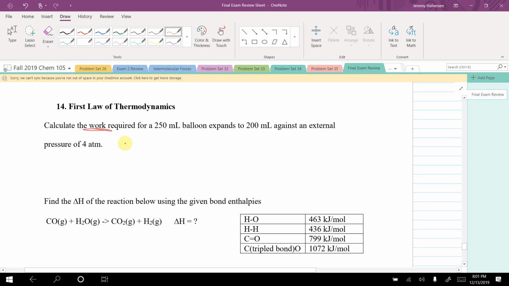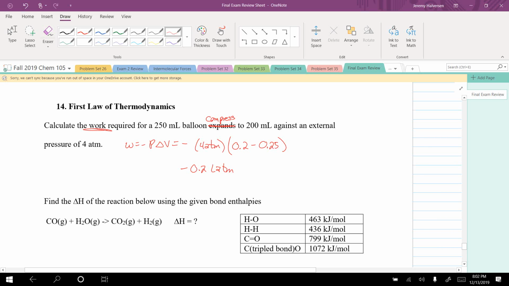How do we calculate work? Except it's compressing.